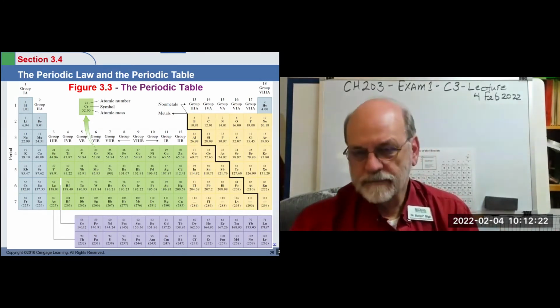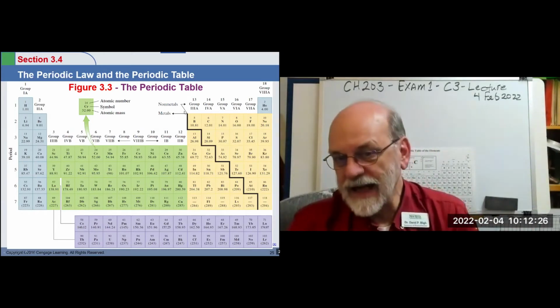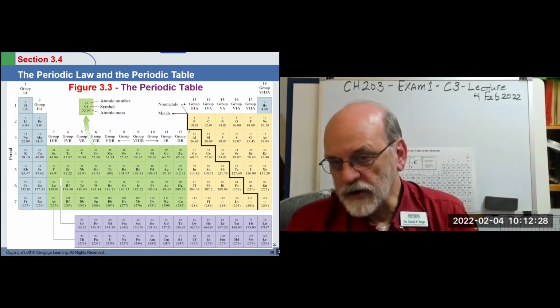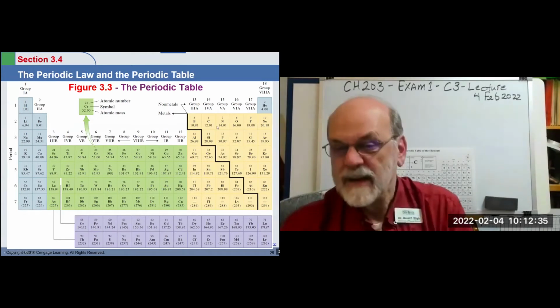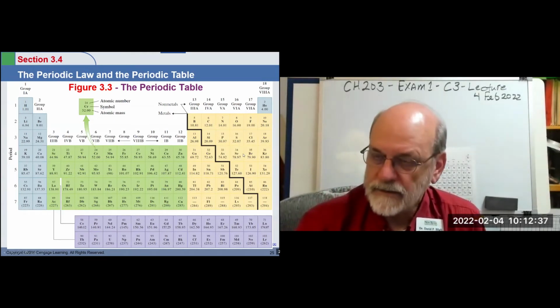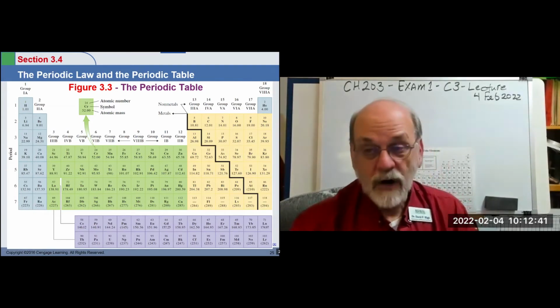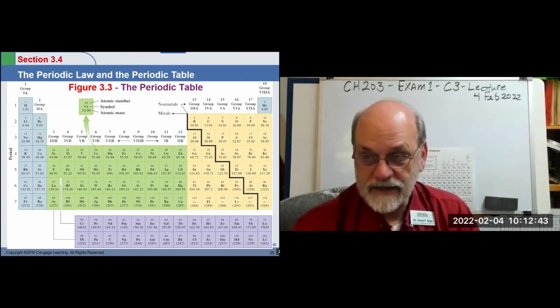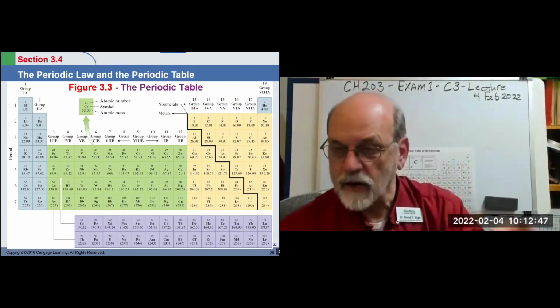Okay, other divisions. I mentioned metals and nonmetals. This heavy black line here, which goes underneath boron and then between aluminum and silicon, stair steps down from there. To the right are the nonmetals. To the left are the metals, which means that most of the periodic table is classified as metals. And they have metallic characteristics.